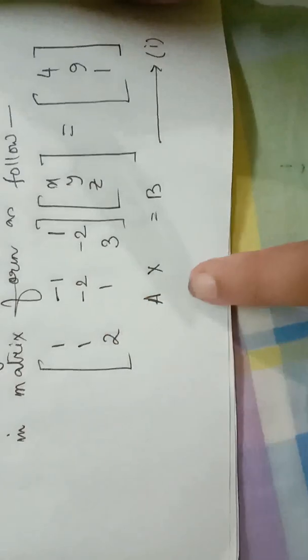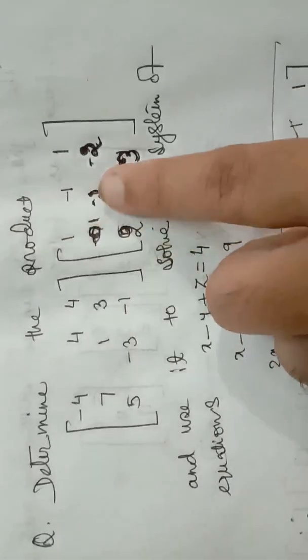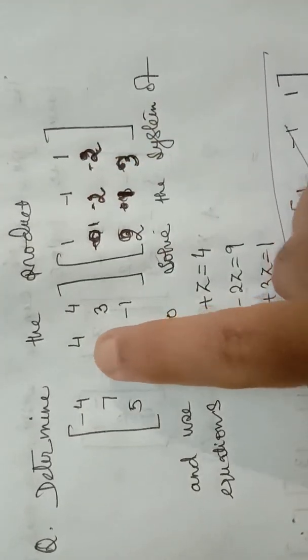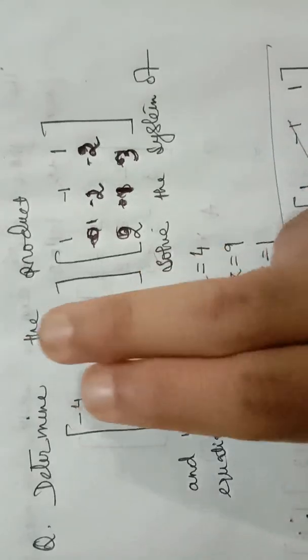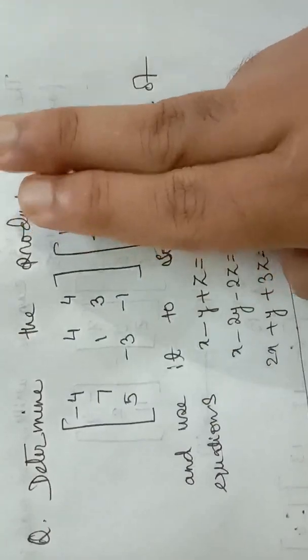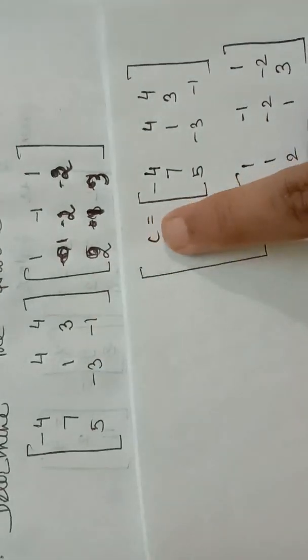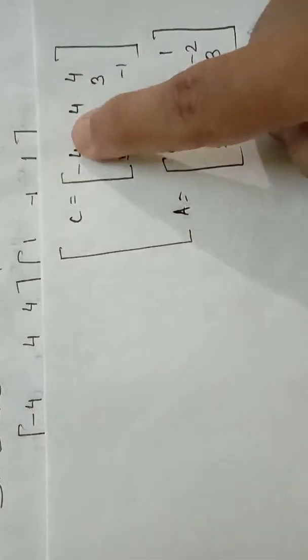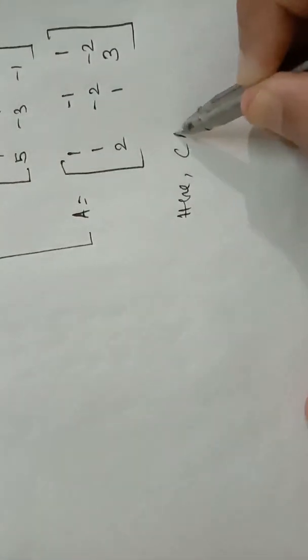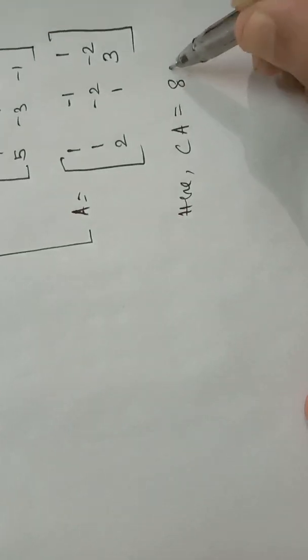We have denoted this matrix by A, and so this is also A. Let us denote this matrix by C. Suppose this matrix is matrix C and this matrix is our A. So I have written here, let this matrix be C and this matrix be A. And what we already got, the product of these two matrices, C into A, is equal to 8I.